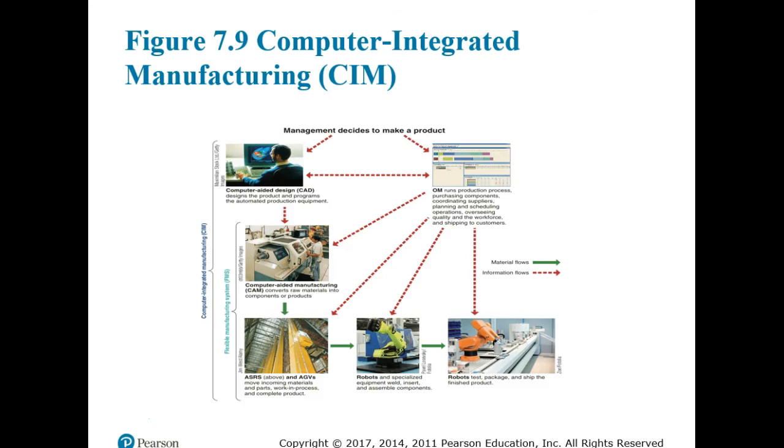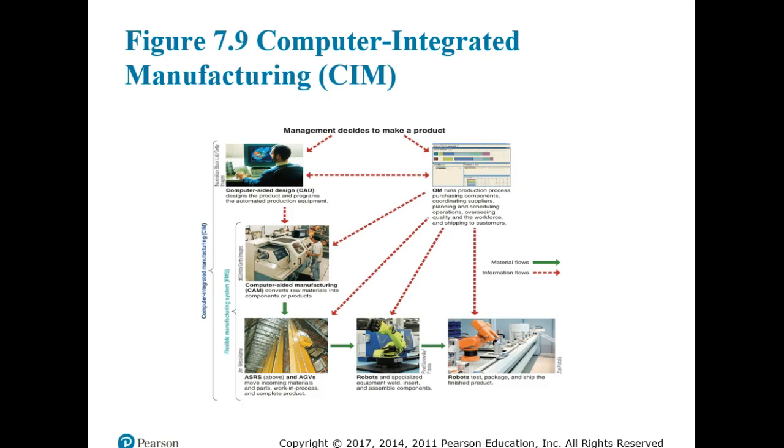Your CAD designs the product and programs the automated production, and your CAM converts raw materials into components or products. Your ASRS and your AGVs then move incoming materials and parts, work in process, and complete products. Your robots and specialized equipment insert and assemble your components, and your robots will also test, package, and ship the finished product.